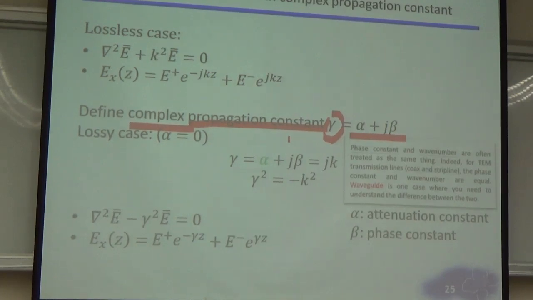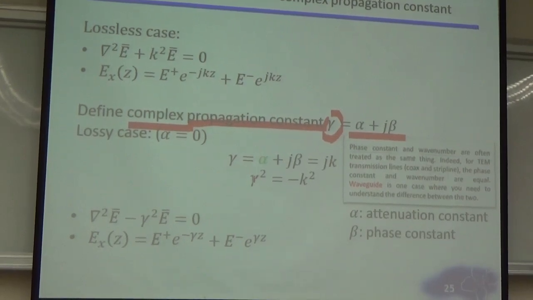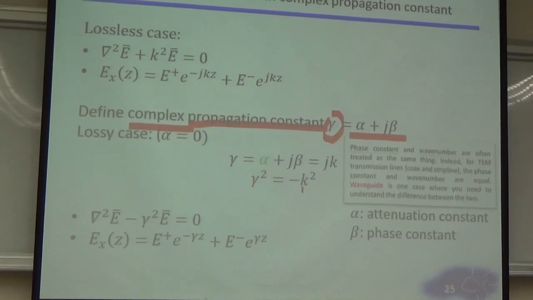So we define that gamma squared equals minus k squared, because of this term there is a jk. If alpha is 0, this should equal jk, right?